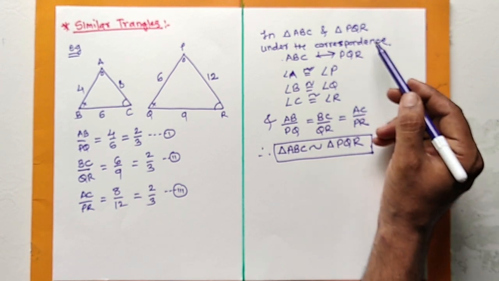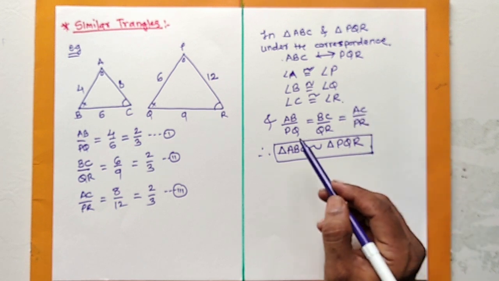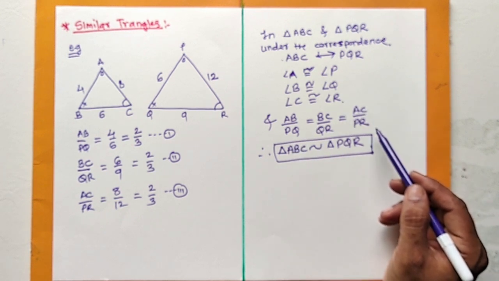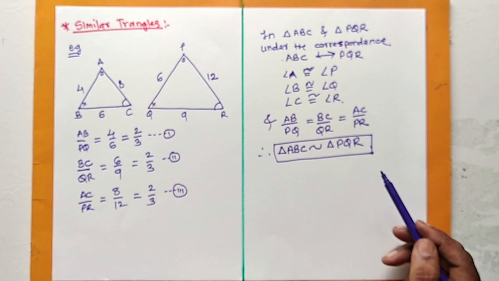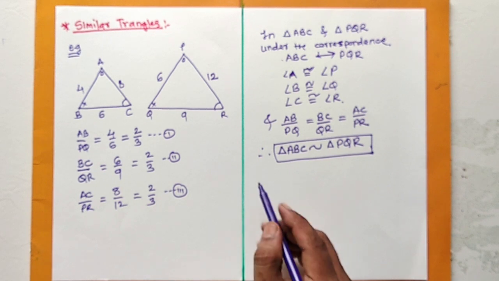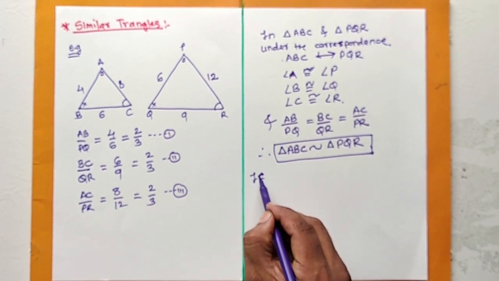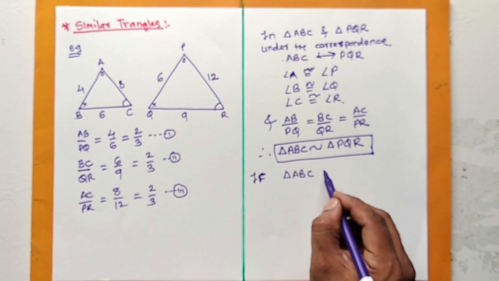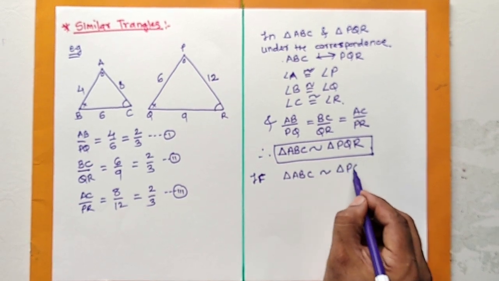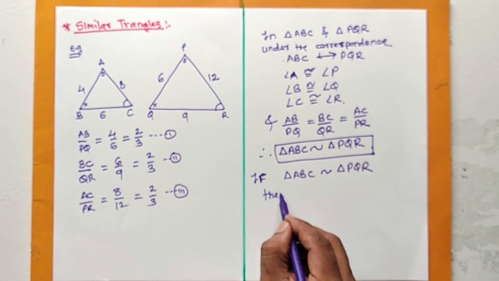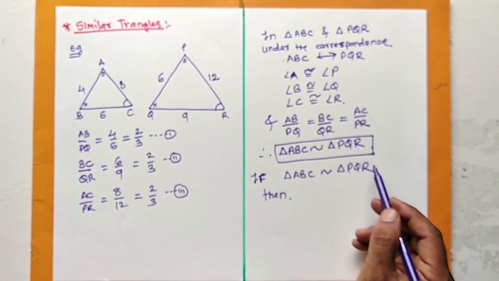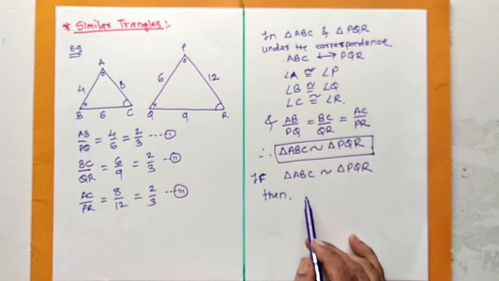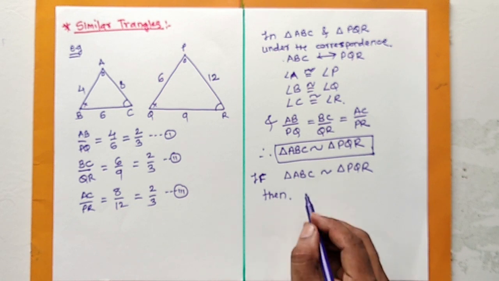For a given correspondence, if their corresponding angles are congruent and corresponding sides are in proportion, then two triangles are similar. And the converse of this definition, this is the important point: if two triangles are similar, if triangle ABC is similar to triangle PQR, then their corresponding angles are congruent and their corresponding sides are in proportion.